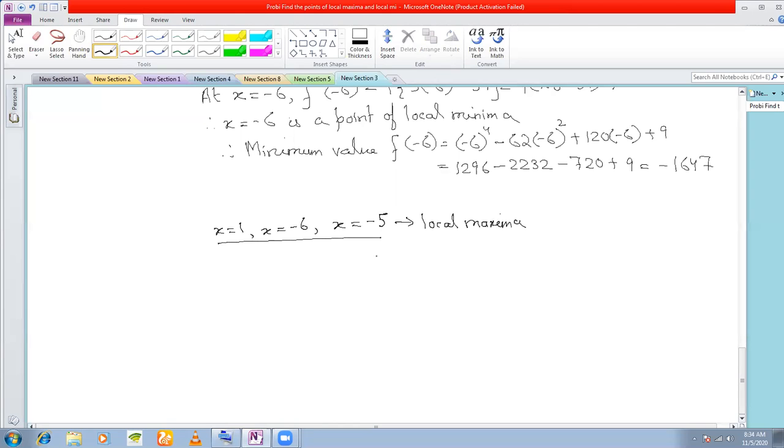Then what will be the absolute maximum? You find out f1, f minus 6, and f minus 5, and you get three maximum values. Out of these three values, whichever will be the greatest will be your absolute maximum.